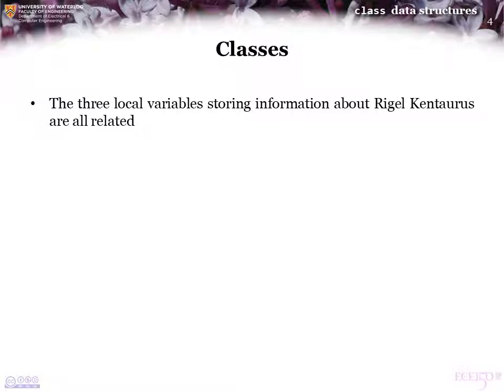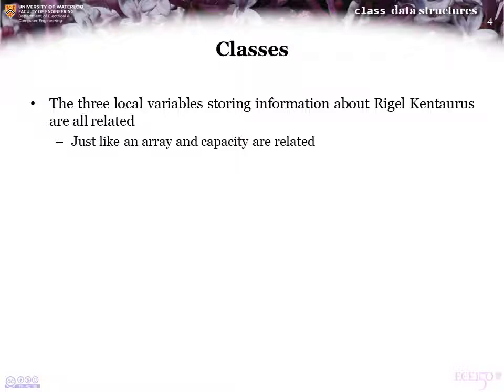Now, all 3 local variables storing information about Rigel Kentaurus are all related. This is like when we had an array where the array variable and the capacity variable are intimately related. One describes the other, and in general, you need access to all of the information about a particular star if you're trying to simulate it.